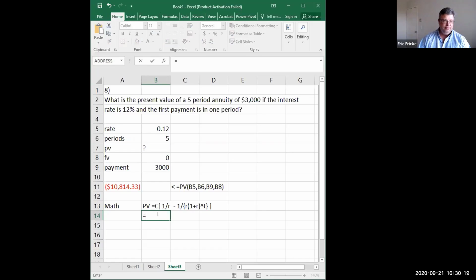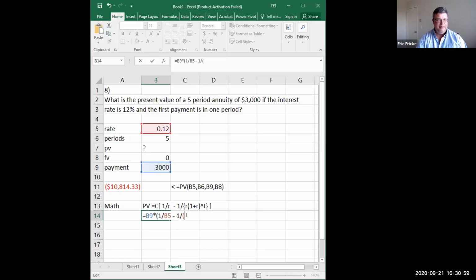So it's equals, then here's the payment, right? And then we have a parenthesis, and we have 1 over R. Here's R. And so that's the first part. And then for the next part, it's 1 over, and then we're going to have some more parentheses. I forgot a multiplication sign here.